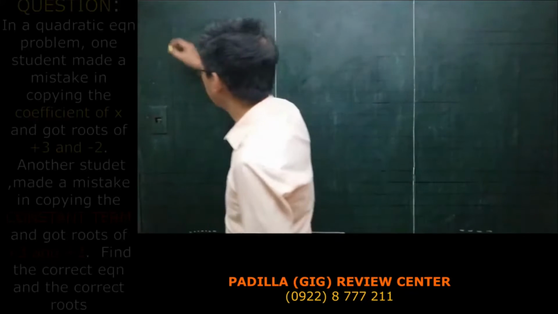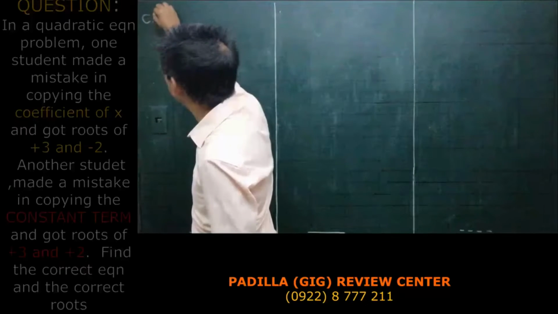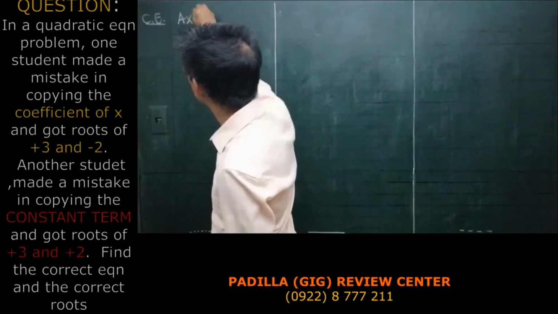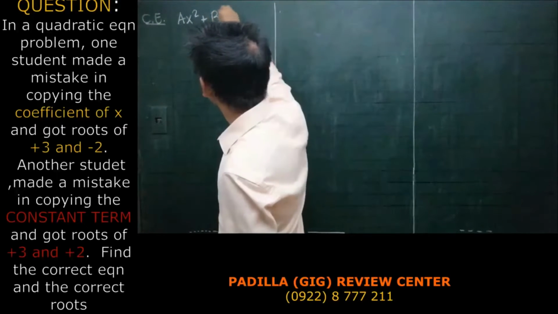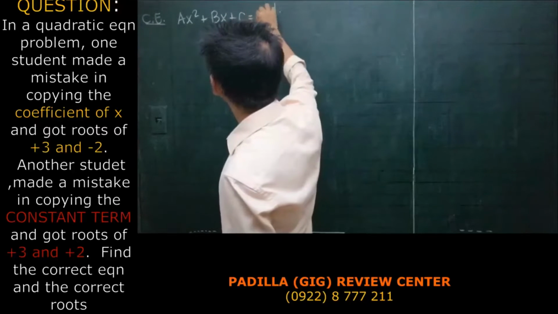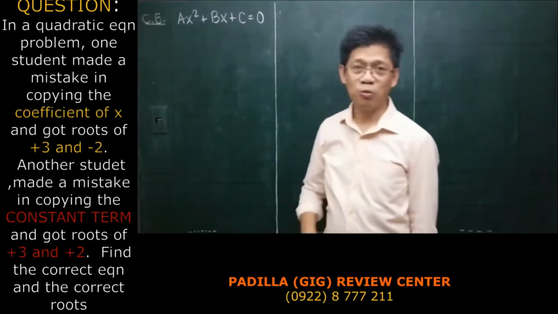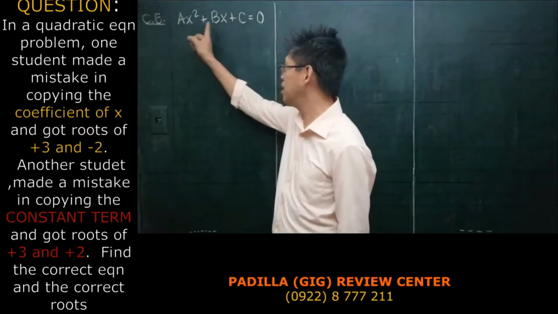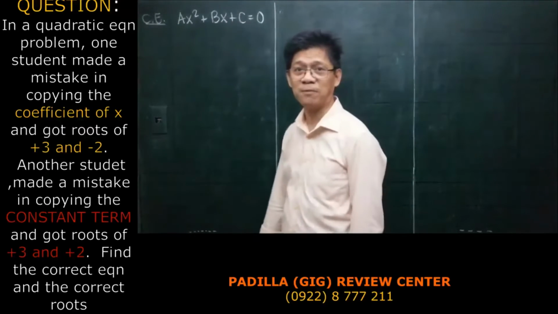Let us say that the correct equation is ax squared plus bx plus c is equal to 0. We want the correct equation, so we need the values of A, B, and C, respectively.